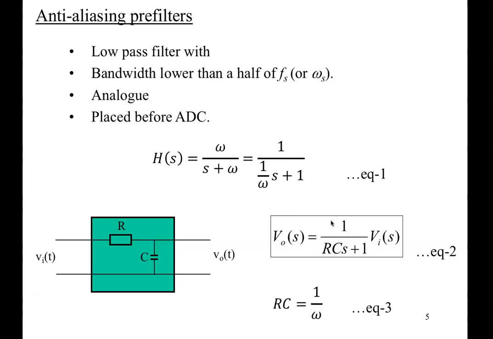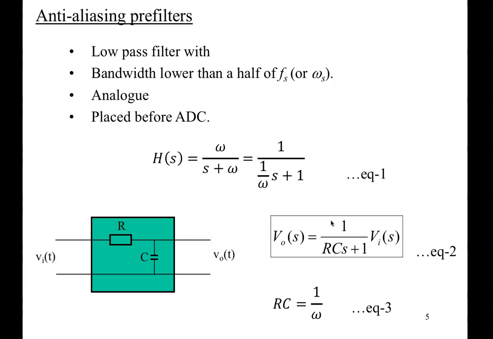So we use an extra measure called anti-aliasing filters to remove any frequencies higher than what you expect the signals to have. So if you choose a particular sampling frequency, you will need to design a low-pass filter to get rid of any signals with a frequency higher than half of the sampling frequency.